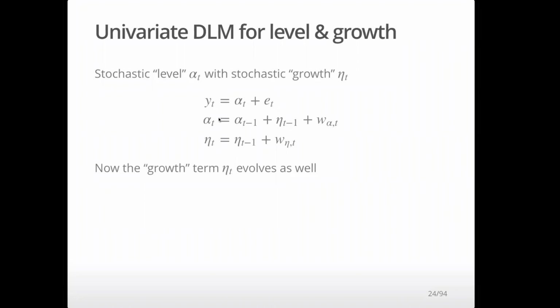And now we know that the underlying level is evolving according to a biased random walk. Here's our bias term. But now our bias is itself evolving according to a random walk. So both the intercept and the bias are going to change in this model.